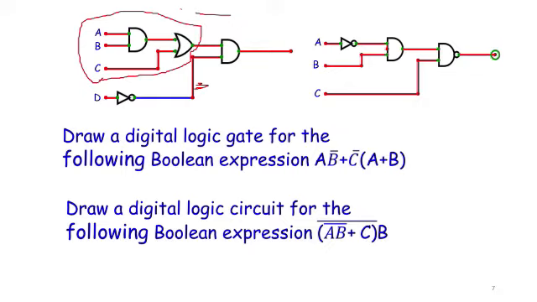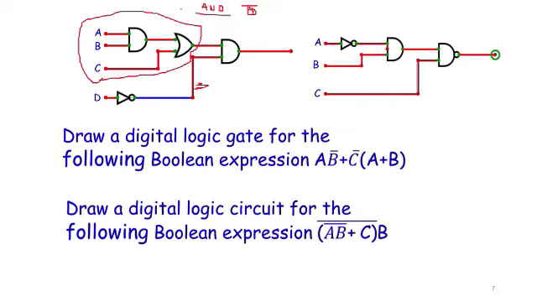So AND is the dot, and put AND. So this is not D, not D, and this side now.